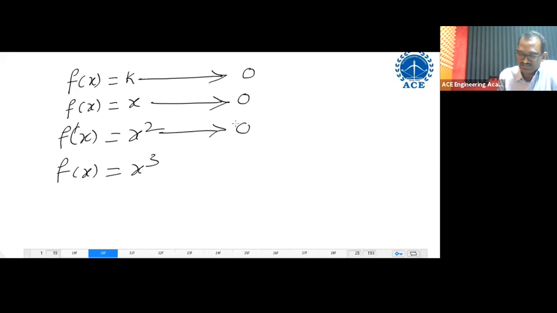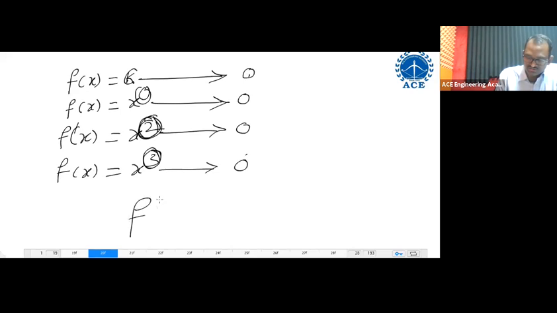For this case? 0. So the 4th differentiation of f of x, where f of x is a polynomial of degree 3 or less than 3, is 0.